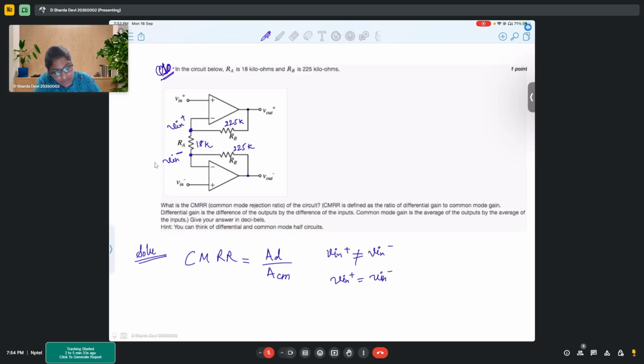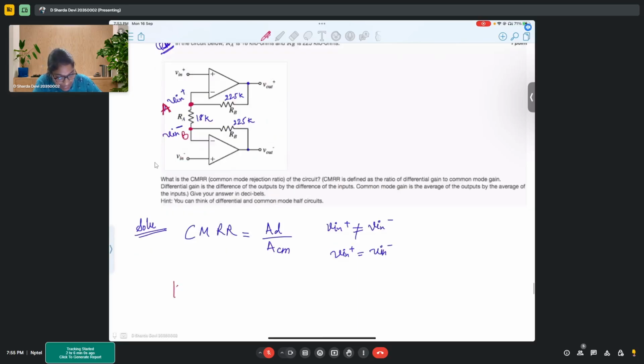And this is V out plus and V out minus. Let's say this is my point A. I'm going to take some other color. This is point A, this is point B. Okay, you know your point A and point B.